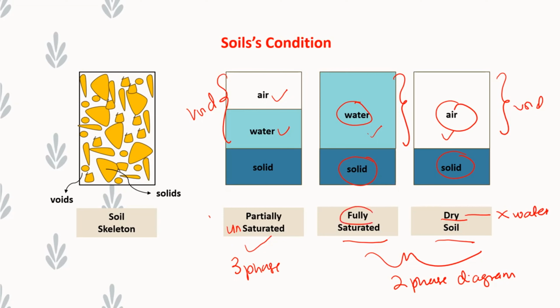If it's fully saturated, it means that it is fully with water, so the void is fully occupied by only water. So there come all those three conditions: we have partially saturated, we have fully saturated, and also dry soil. So depending on the components of void, it will give you different conditions of soil.